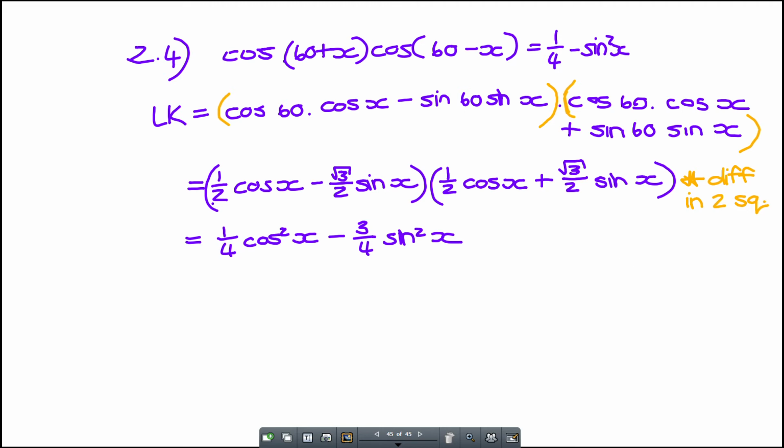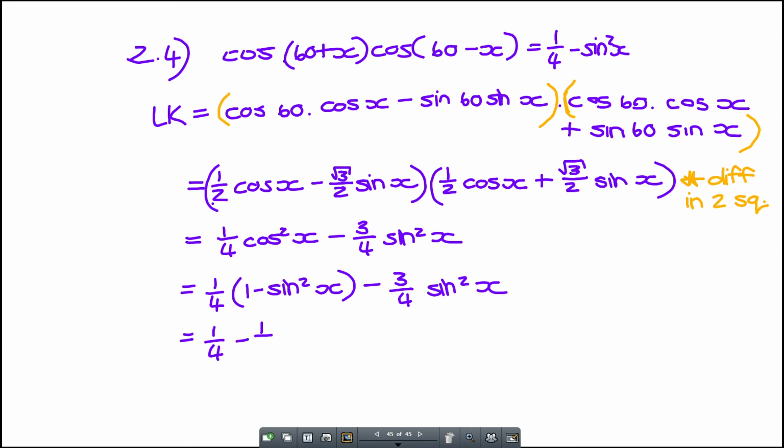Good. Now this cos squared x, I can change that to 1 minus sin squared x minus 3/4 sin kwadraat x. Okay, so if I multiply in, it's going to give me a quarter minus a quarter sin squared x minus 3/4 sin squared x.